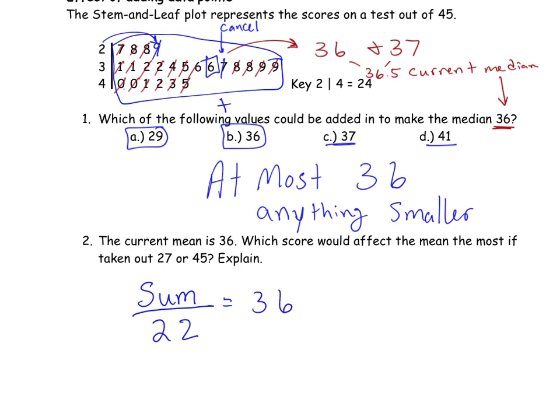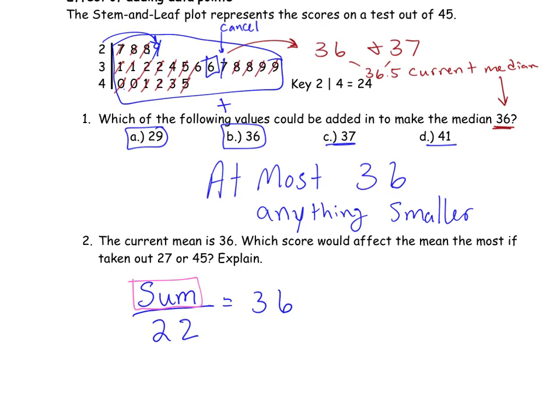Now, instead of actually going and adding 27 plus 28 plus 28 plus 31 plus 31 plus 32 and so on and so forth, what we could do is think backwards in that equation. I want to go back to the original sum. If we look at our formula here, we have a one-step equation. That is, a number divided by 22 equals 36.